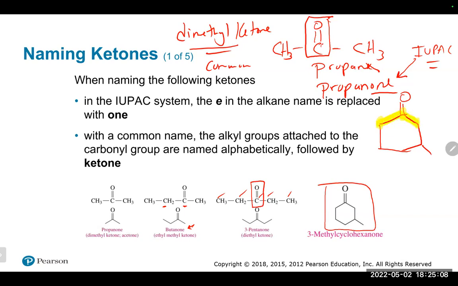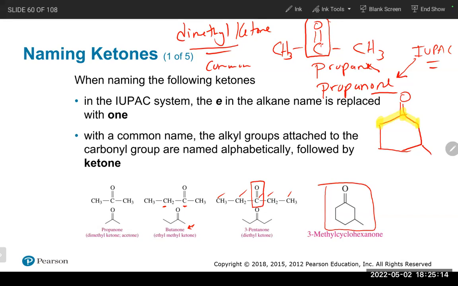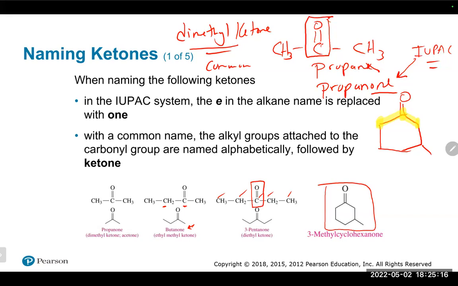So that is a 3-carbon run right there with the double bond in the middle. And that would make it go from cyclohexane to cyclohexanone, O-N-E at the end. And much like this ring structure, you don't need to give the location of where that double bond is because it's assumed to be carbon number 1, but it's important for numbering other groups.